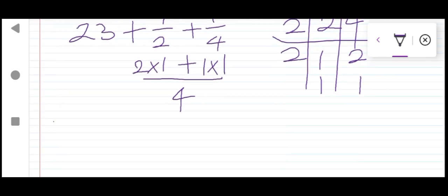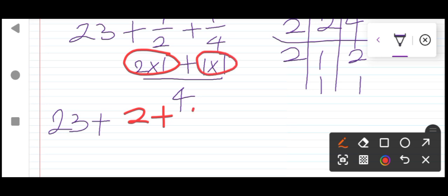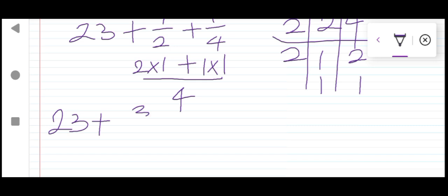Now we have 23 plus, check, 2 times 1 is 2, plus 1 times 1 is 1, then divided by the denominator 4, and 2 plus 1 is 3, divided by 4. So we have 3 divided by 4.